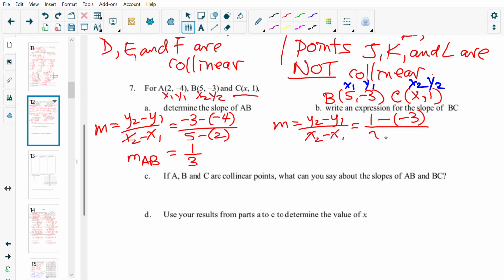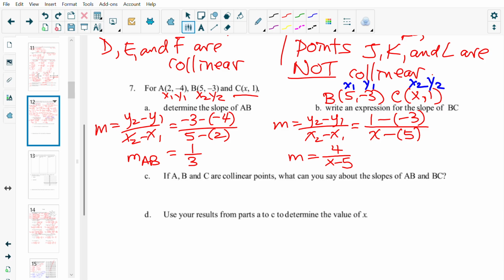So 1 minus negative 3 over x2, which is x, minus x1, which is 5. 1 minus negative 3 is 1 plus 3, that's 4, over x minus 5.